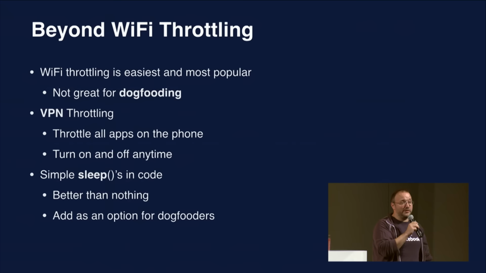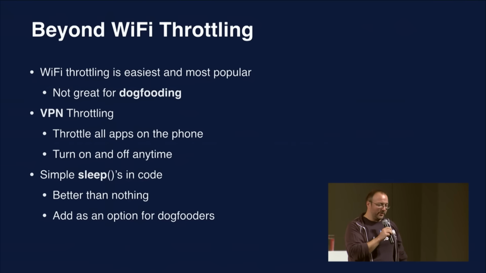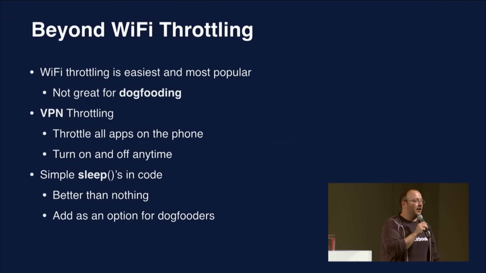But another one, and just to the question about how you do simple things, is don't underestimate the power of a sleep statement in your app. If you just have it for the dogfooders or for the engineers, where you slow down all of your network calls, that's actually a great way to model latency.